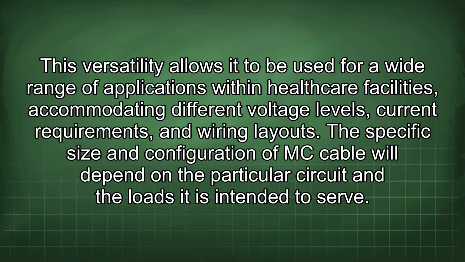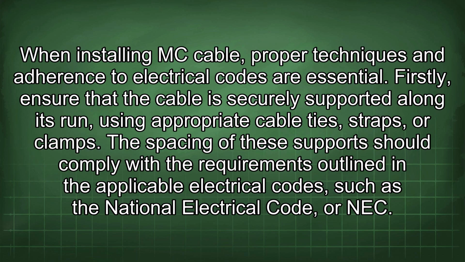The specific size and configuration of MC cable will depend on a particular circuit and the loads it is intended to serve. When installing MC cable, proper techniques and adherence to electrical codes are essential. Firstly, ensure that the cable is securely supported along its run, using appropriate cable ties, straps, or clamps.